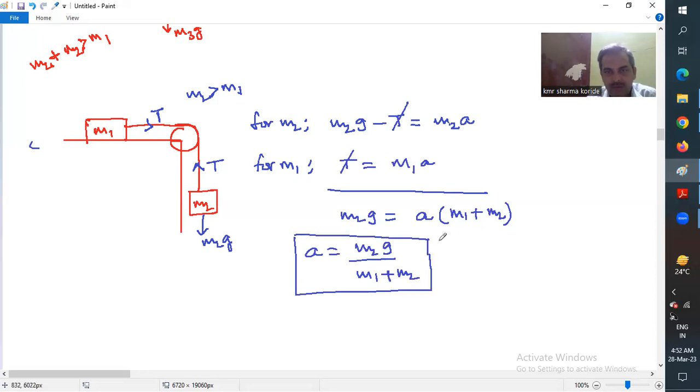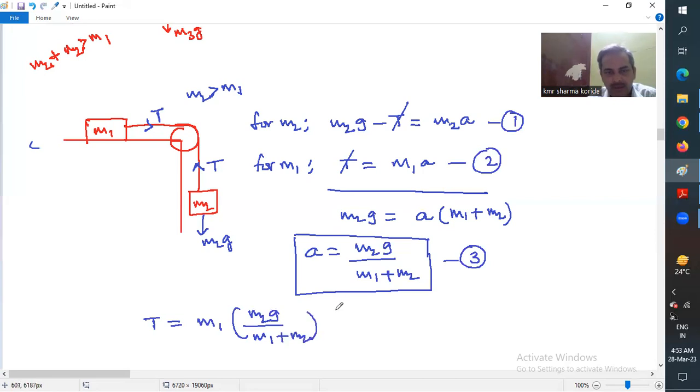Let us say this is equation 1, this is equation 2, and this is equation 3. If you substitute 3 in 1 or 2, it is better to directly get the answer by substituting in equation 2. So M1A is replaced with M2G by M1 plus M2.